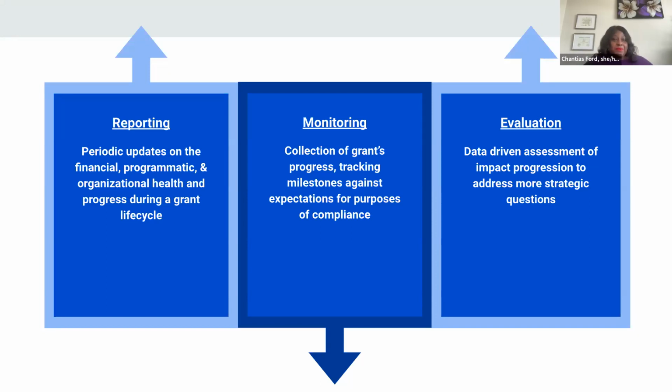Maybe you have a mid-year report, an end of grant report that really get at the financial status of things, the programmatic status, maybe your organizational health, different metrics for where you've gone, that progress during a grant life cycle. The monitoring side of things really is that collection of grant progress, tracking those milestones against the expectations oftentimes set by the funder for purposes of compliance.